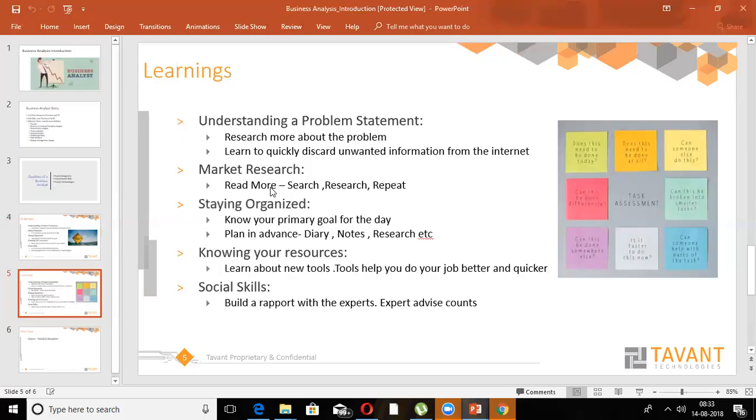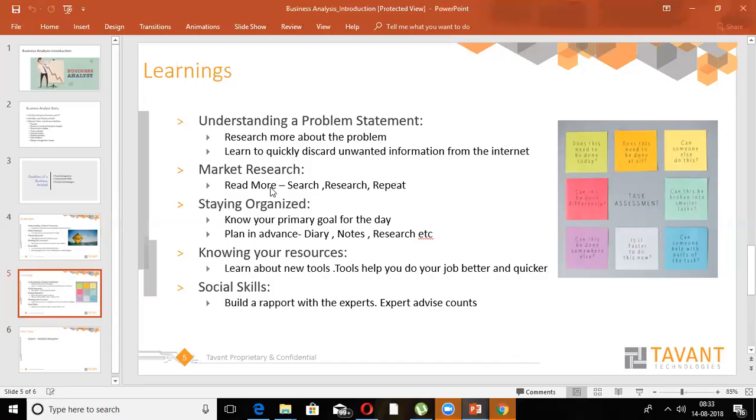A business analyst reads up a lot on the domain. For example, in healthcare there is a standard called the HIPAA standard, a document standard that they follow. So you need to get into understanding what the HIPAA Act is.